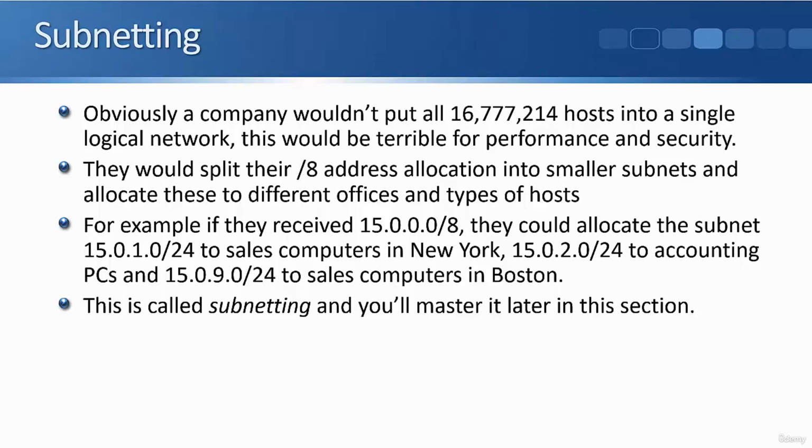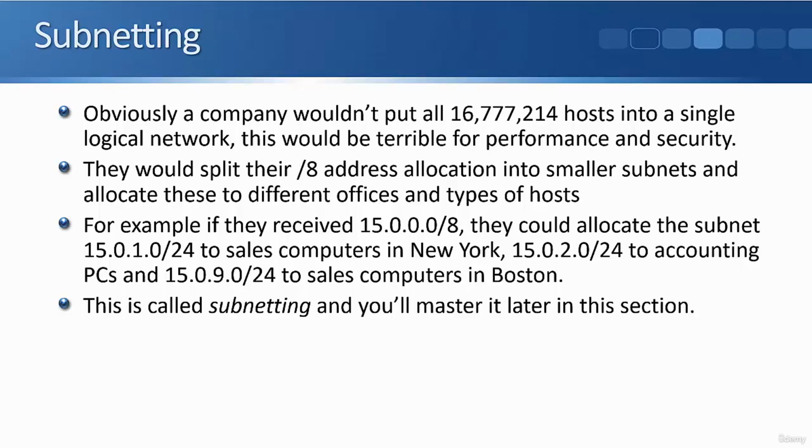For example, if they received the Class A address 15.0.0.0/8, they could allocate the subnet 15.0.1.0/24 to sales computers in New York, 15.0.2.0 255.255.255.0 to accounting. That was just the same /24 in dotted decimal notation, and 15.0.9.0/24 to sales computers in Boston.